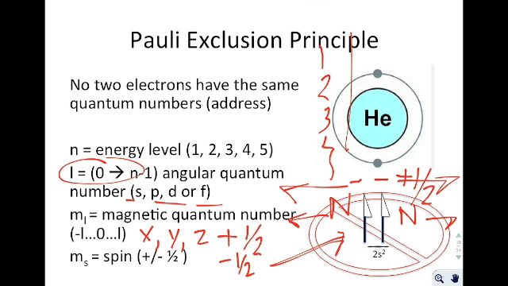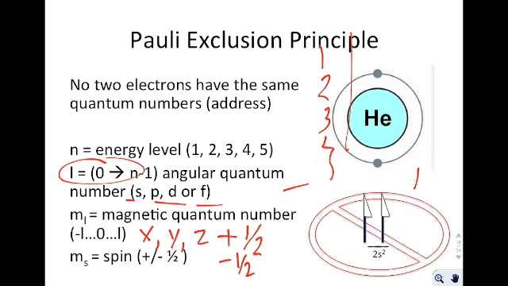If I were to change it up, though, and instead of making this an up arrow, I make this a down arrow, now I have a north magnet and a south magnet. They're still going to repel each other because of the negative charges, but what are a north and a south going to do? Well, they're going to attract. So you'd have one force that would try to pull these apart, and one force that would try and pull them together, and that negates it a little bit. It's more energetically favorable to have one spin up and one spin down.